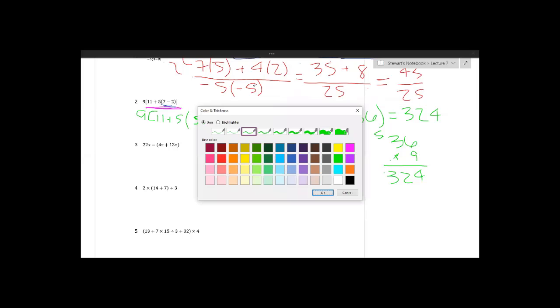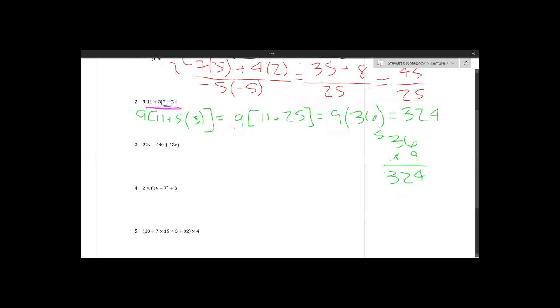In the case where there's variables here, we have 4z plus 13x. Since z and x aren't the same variable, we can't add them together because they're not the same quantity. So what we can do, since this negative is outside of these parentheses, is treat it as -1 times something.